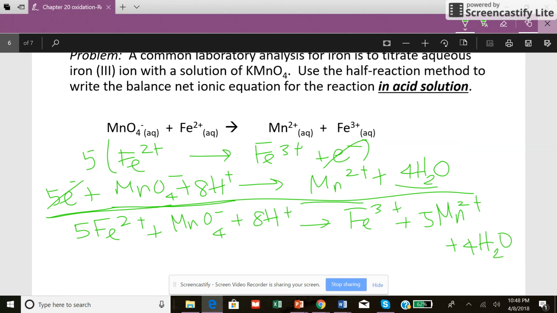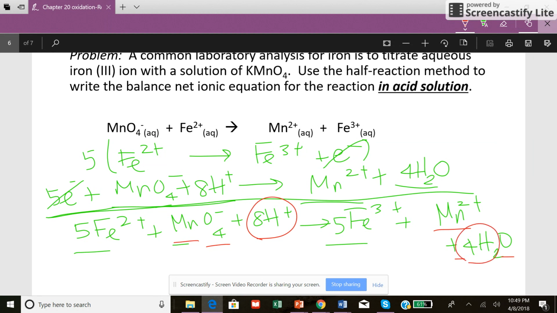Okay, so now let's check. You have 5 Fe, 5 Fe, and then one manganese on each side, 4 oxygens, 4 oxygens, and then 8 hydrogens, 8 hydrogens.